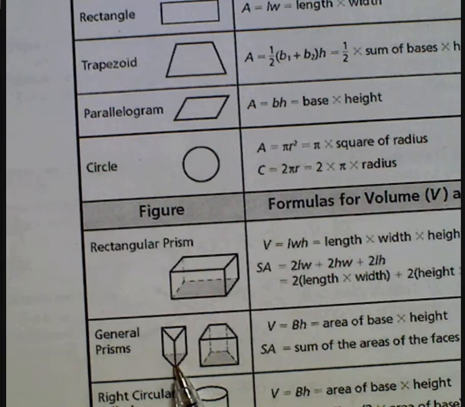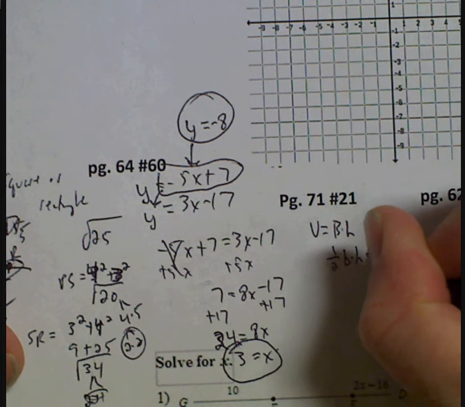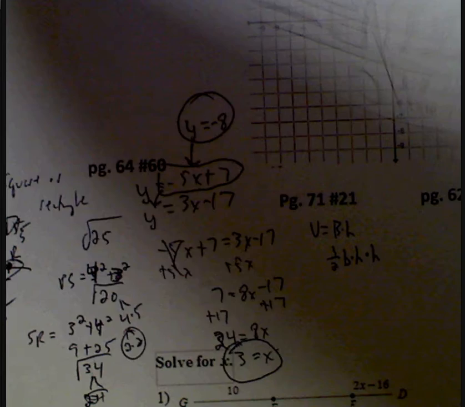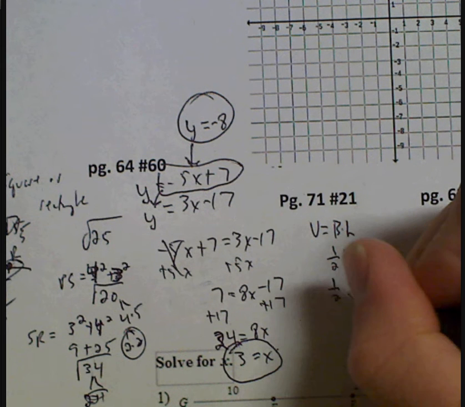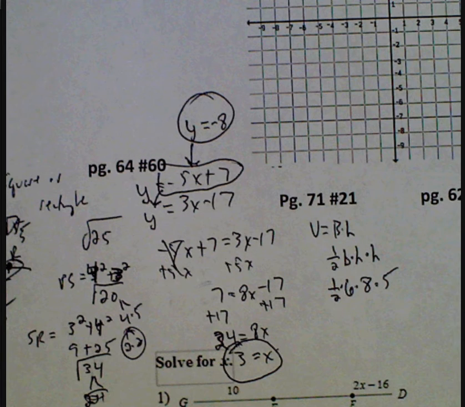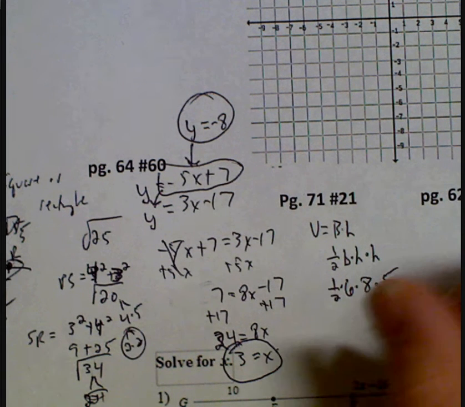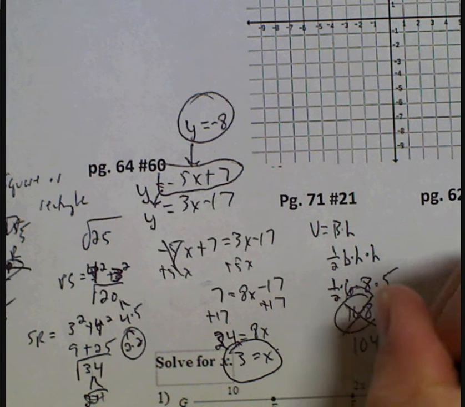My base is a triangle. Area of a triangle is 1/2 base times height. So 1/2 base times height, and then I'm going to multiply that by the height of the shape. My base is 6 times 8, 1/2 of 6 times 8, and the height of the shape is 5. So on number 21, it's not 168, I'm sorry, it would be 120 inches squared.